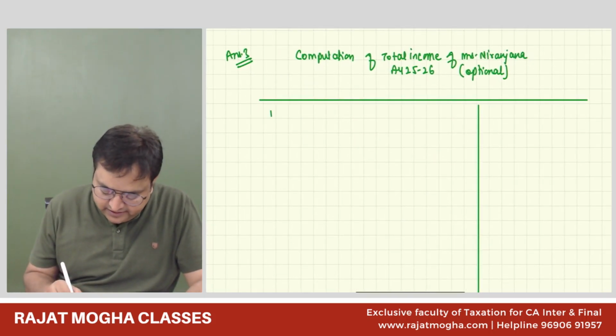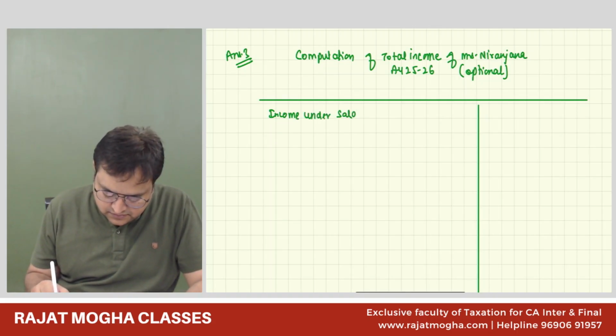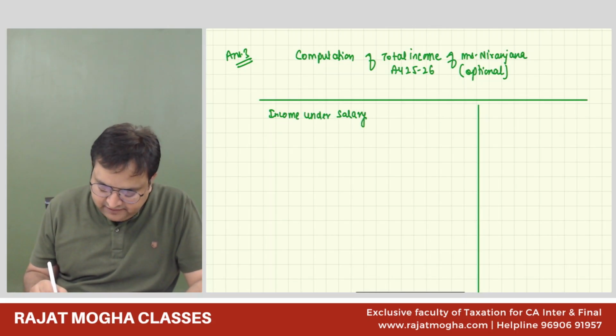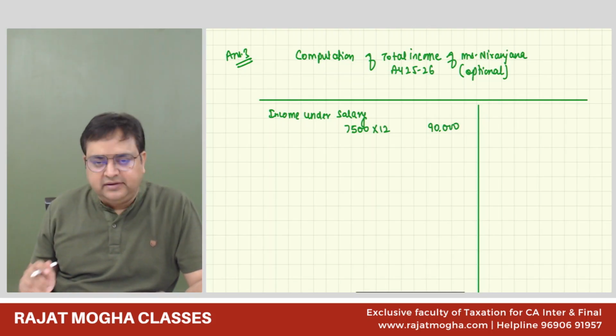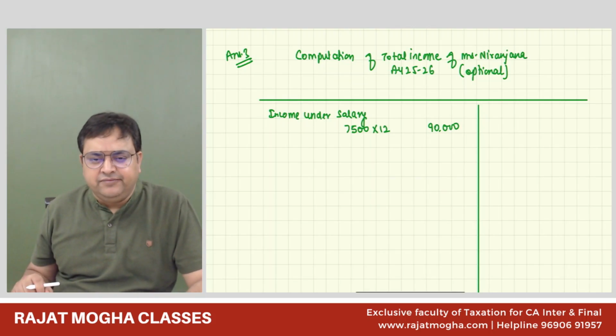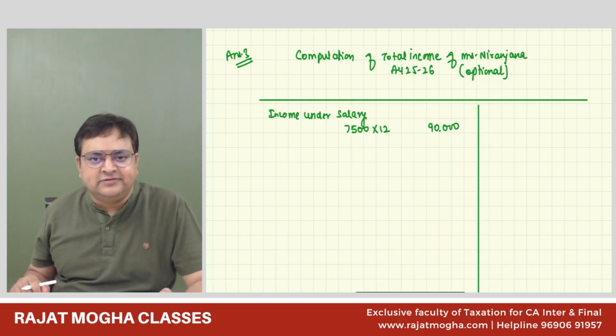Income under salary. We have been given that she is getting 7,500 per month into 12. So 90,000 she is getting. And there is no other salary income mentioned in this question. So this is the only income, this is our gross salary.